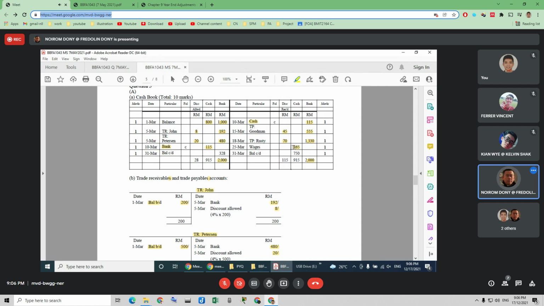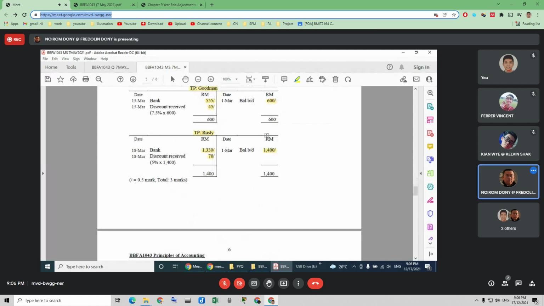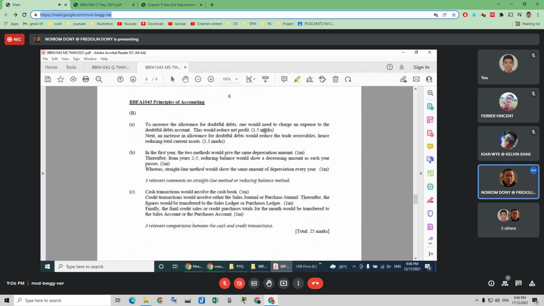Prepare, so done. Now, the B part. We are given this: suppose a company has an existing allowance for doubtful debts. This is the kind of question they will ask also. This is like a theory question, meaning you have to explain it in words.